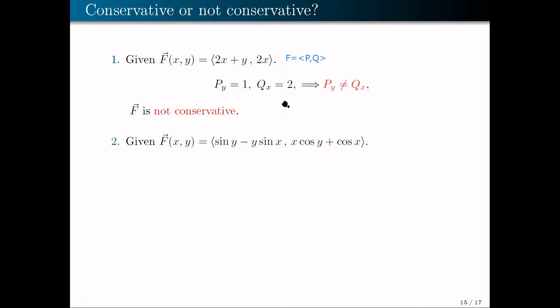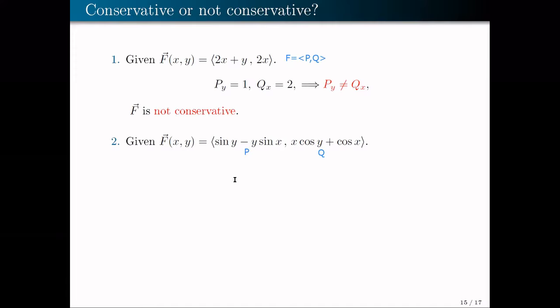Now in number 2, again, the vector field F is on R2, where sine y minus y sine x is the scalar field P, and x cosine y plus cosine x is the scalar field Q. So let's see if Qx equals Py.